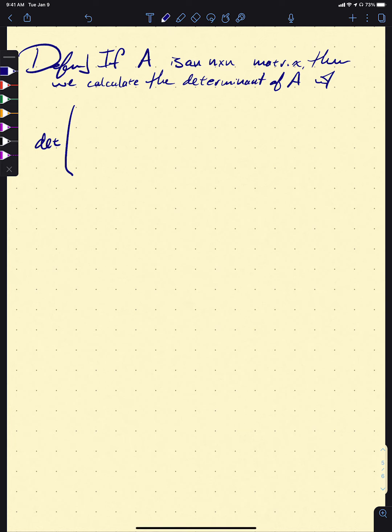So the first thing we'll need is a big matrix, right? So we'll have A11, A12 all the way.